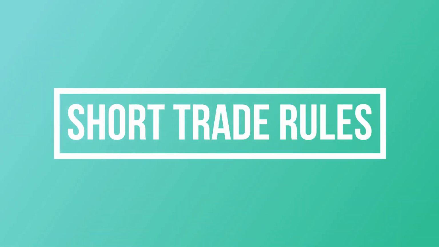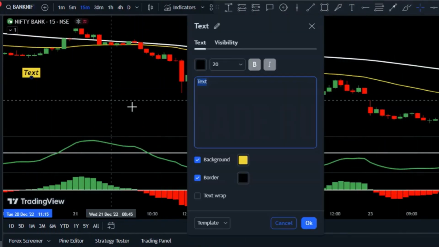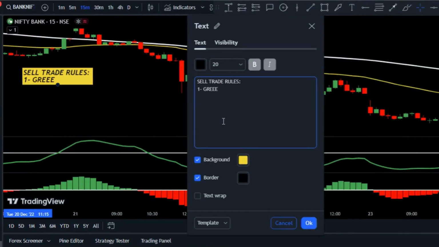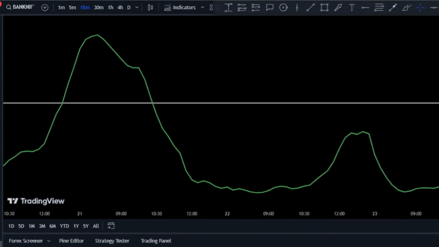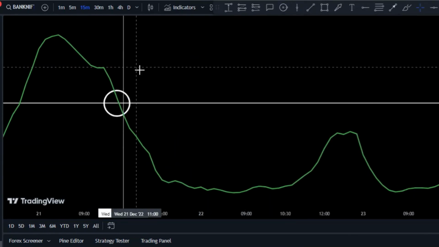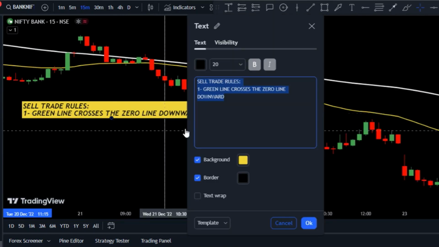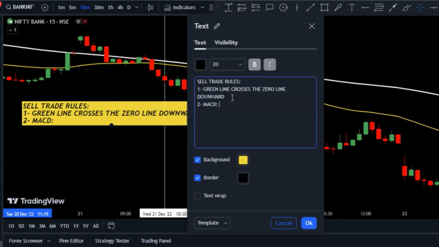Alright, let's dive into the entry criteria for a short trade. First things first, keep a watchful eye for when that green line crosses the zero line downward. Next up, make sure the MACD histogram is painted red and positioned below the zero line.